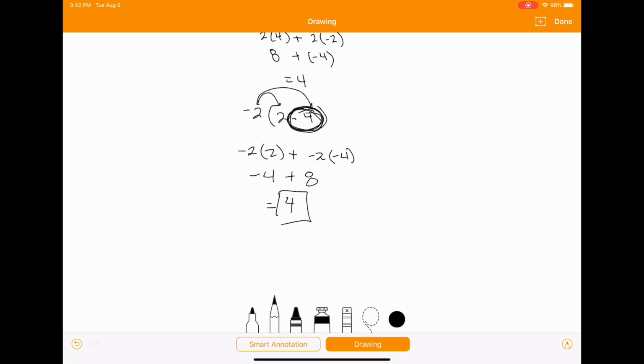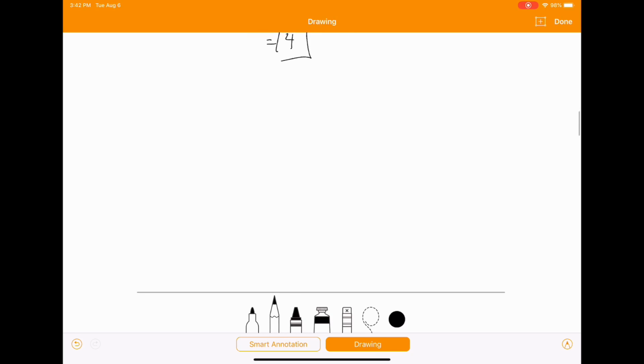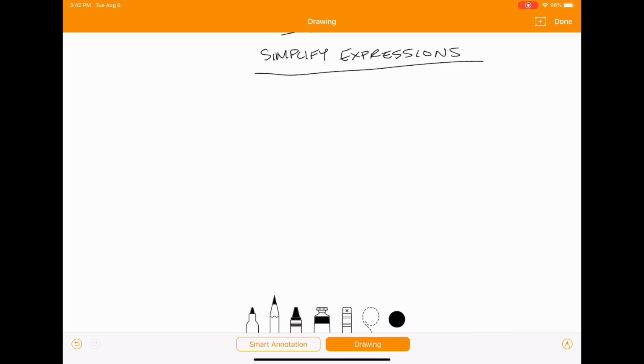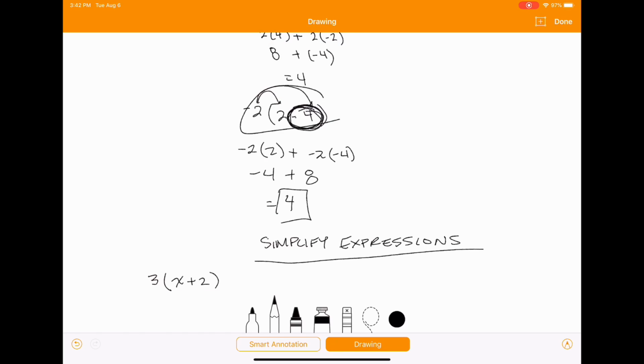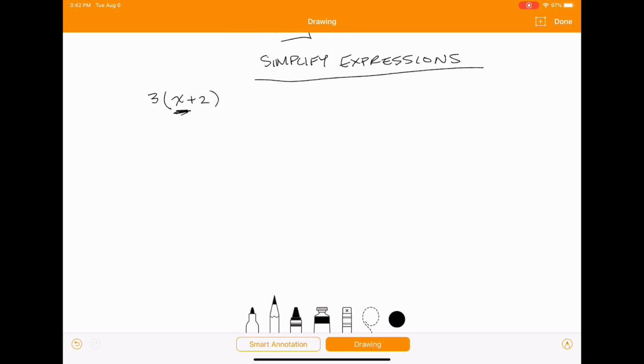So now we're going to go ahead and look at simplifying expressions. So if we had something like this, where it's similar to what we had up here, but now we have a variable involved, we're going to go ahead and treat it the same way that we did above.